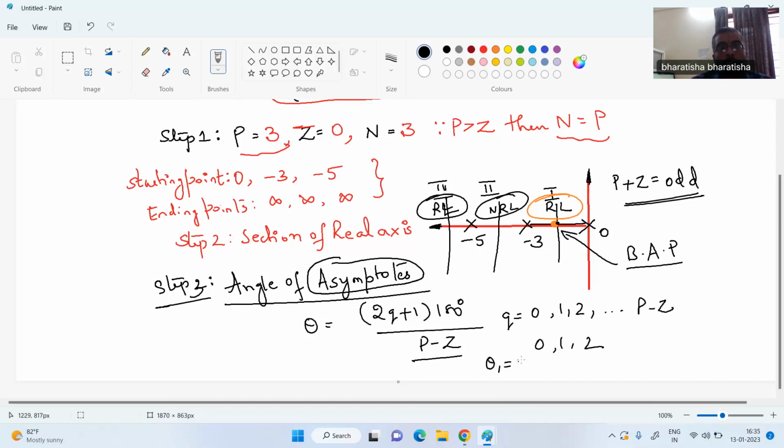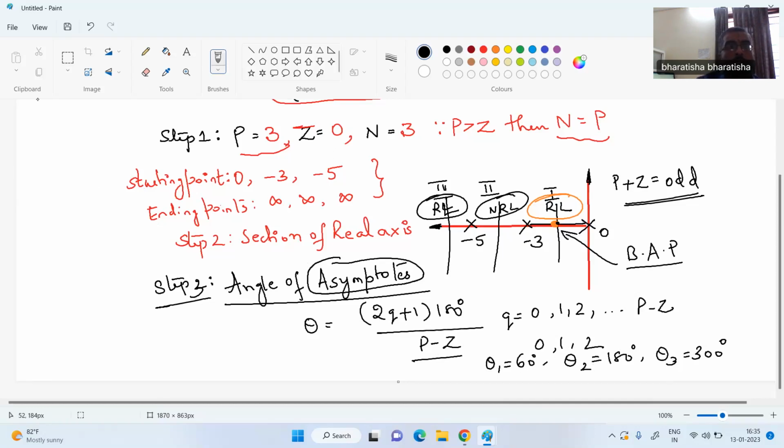So theta 1 becomes equal to 60 degrees, theta 2 becomes equal to 180 degrees, and theta 3 becomes equal to 300 degrees. So you have also found out the angle of asymptotes now.